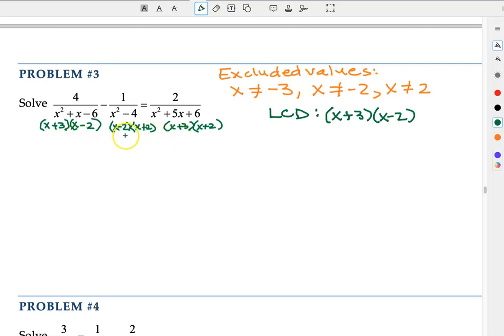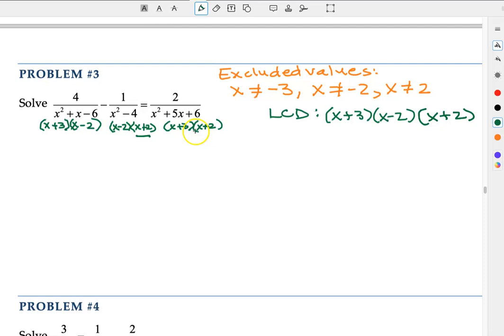And then here I've got an x minus 2, but I also have this x plus 2. Oh my gosh, I underlined the wrong thing. The x plus 2 hasn't been accounted for yet, and so that also needs to be part of my LCD.